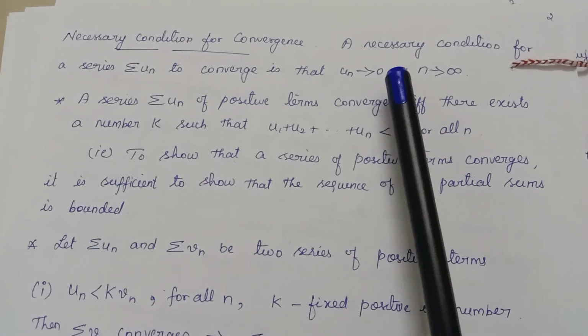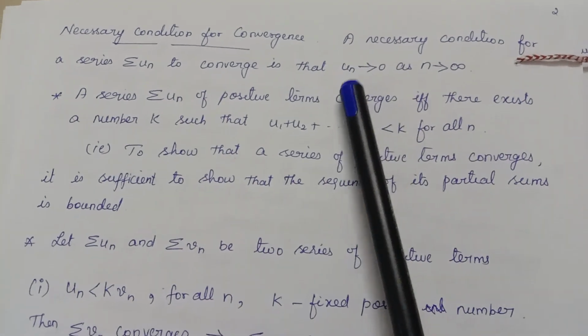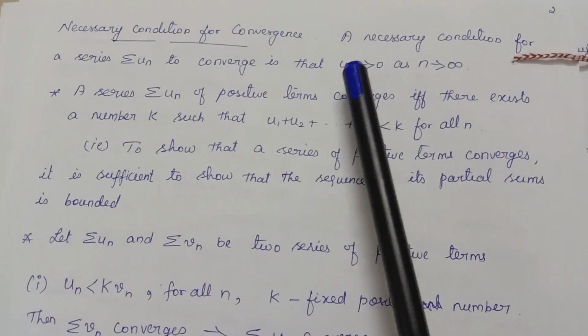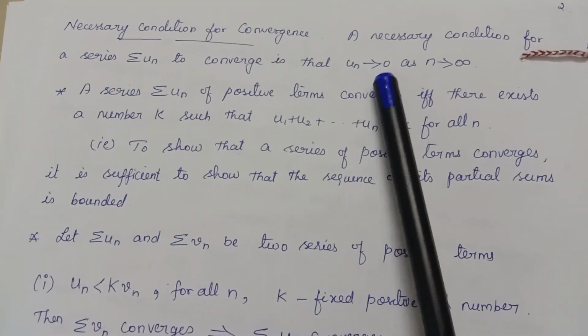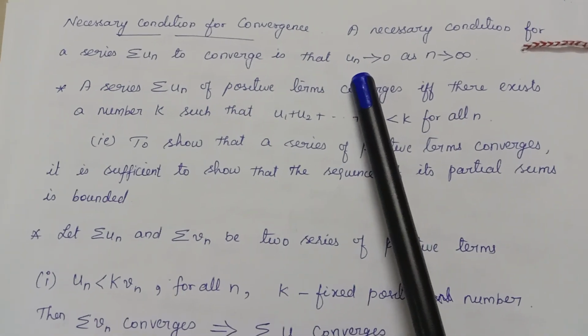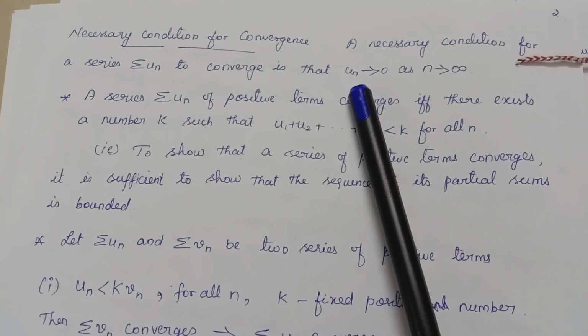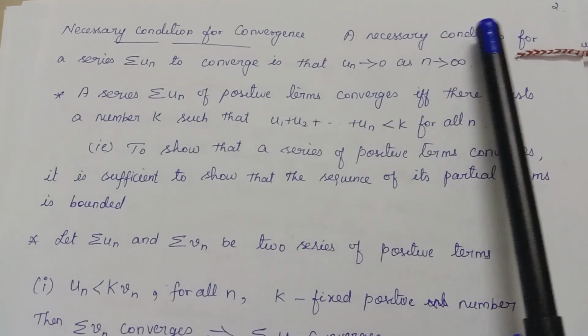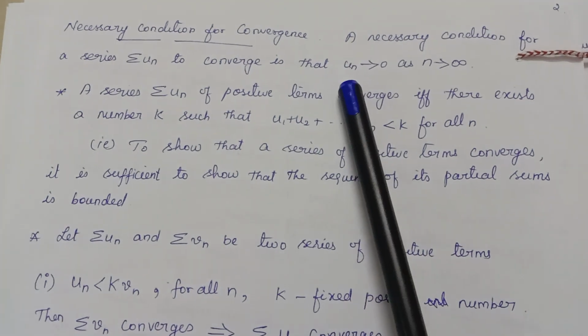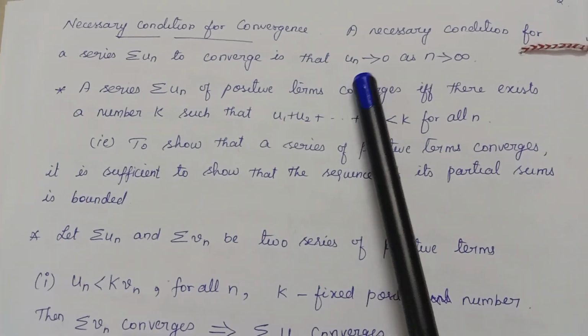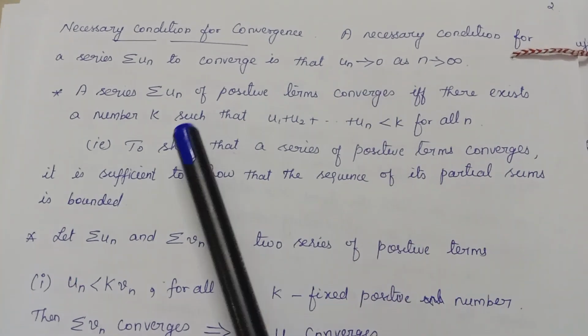See, this has to be handled carefully. If the series is convergent, definitely the nth term tends to 0. But if the nth term tends to 0, that doesn't mean it is a convergent series. I will give you an example later. So a convergent series implies un tends to 0, but un tends to 0 need not imply convergence.